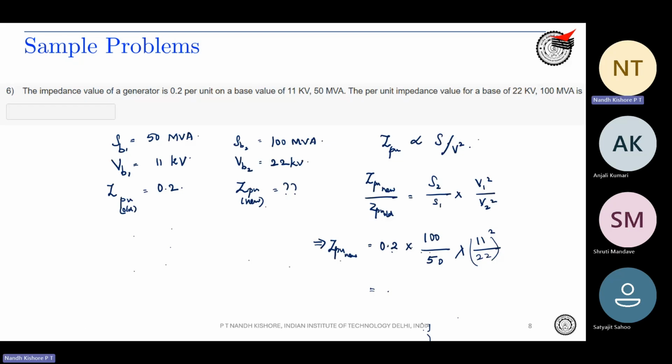Right? Which gives you 0.2 into 2 into 1 by 2 square, gives you 0.1 per unit.